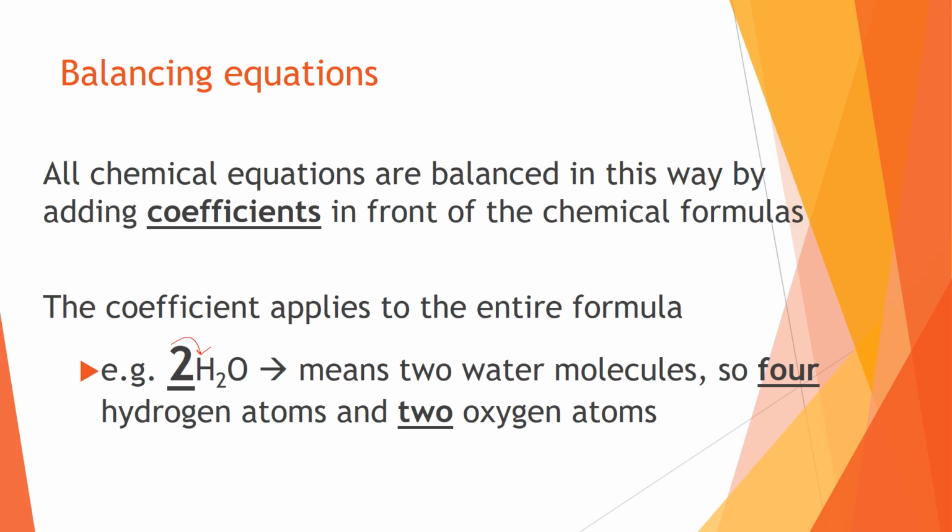So I would times this by 2 because there's 2 already here. That would make 4 hydrogen atoms, and I would multiply the oxygen by 2 as well. So that would mean that there would be 2 oxygens. So in 2 water molecules, that's what the 2 means, that there's 2 water molecules. So there would be 4 hydrogens and 2 oxygens.